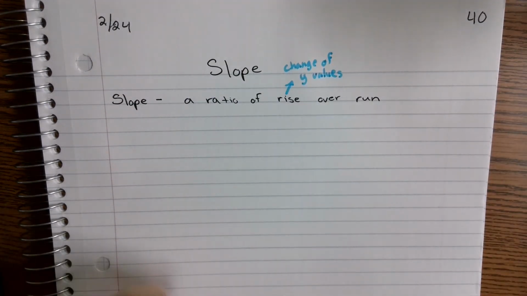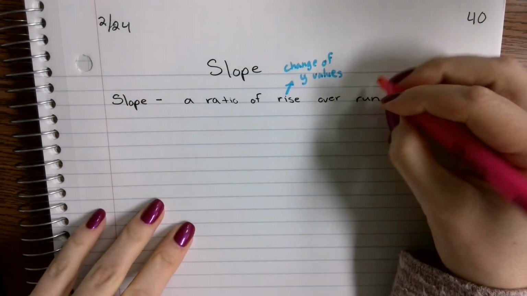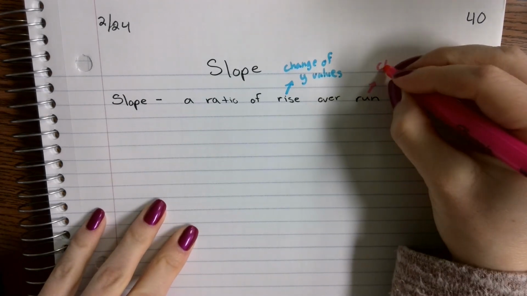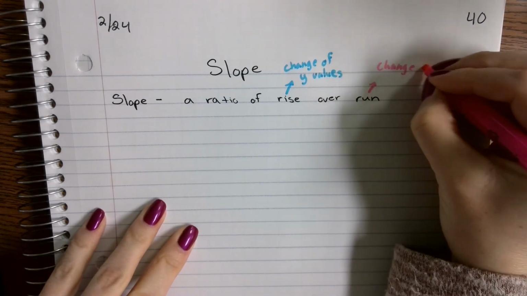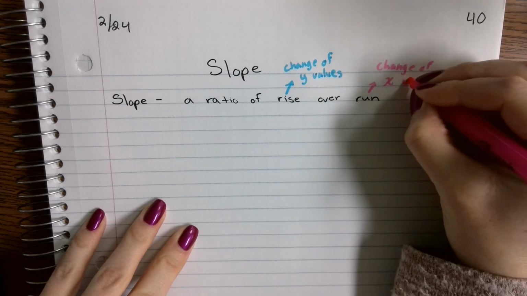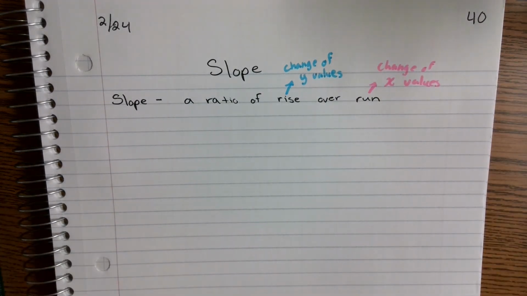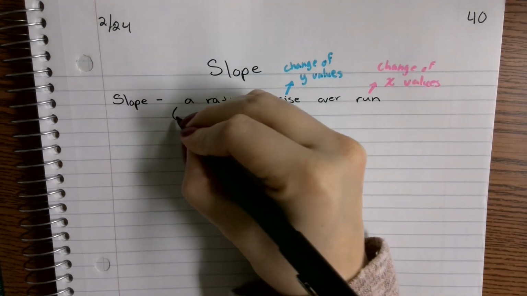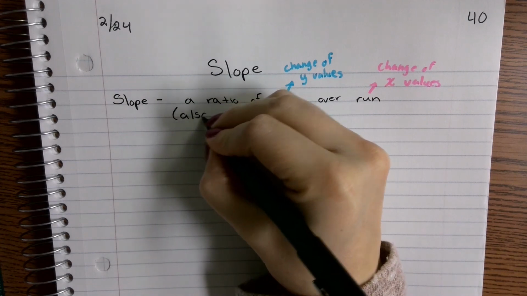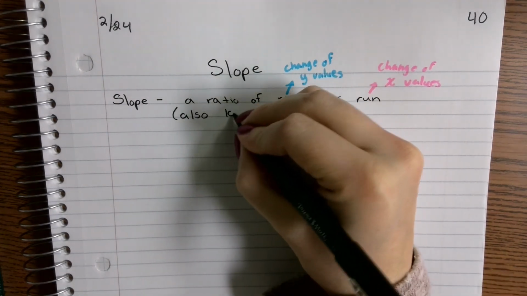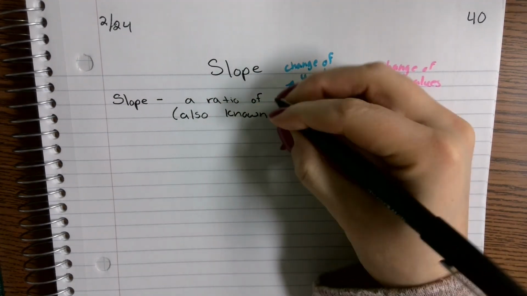And then the run is the change of the x values. So that's why we say the constant rate of change and the slope are the same terminology. They represent the same thing, they're just called different things. So it's also known as the constant rate of change.